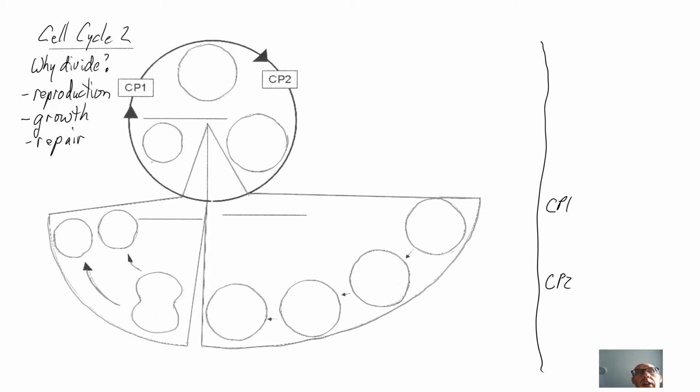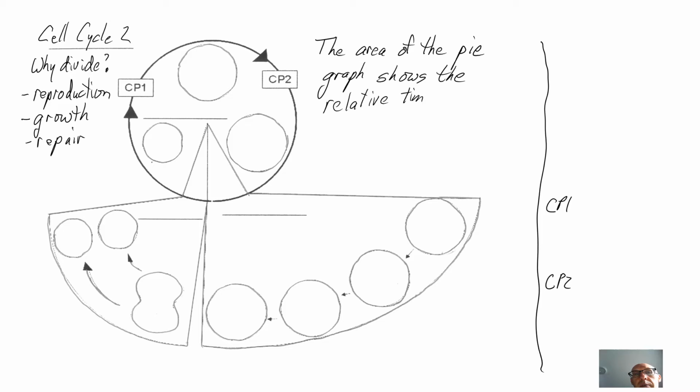And I'm just going to note here the area of the pie graph shows the relative time a cell spends in each part of the life cycle.